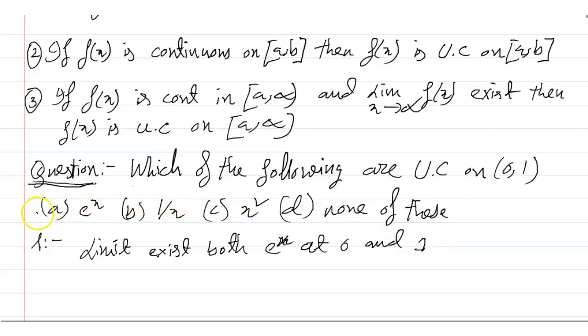So e to the power x is uniformly continuous. 1/x is not uniformly continuous, I have already told. And x square is uniformly continuous because the limits at 0 and 1 exist. And none of these is not our answer.